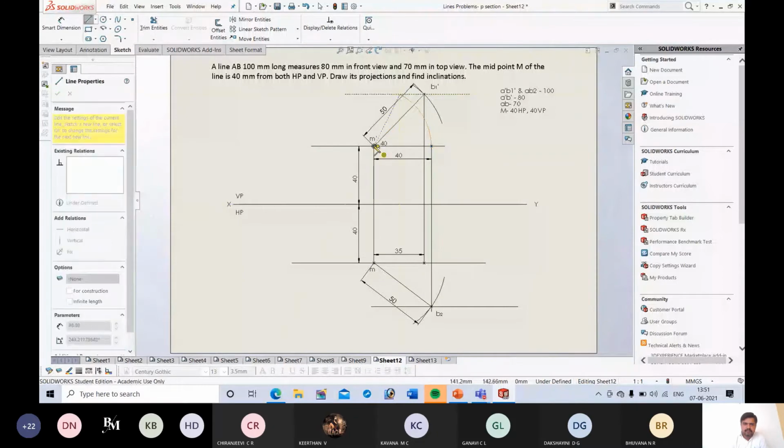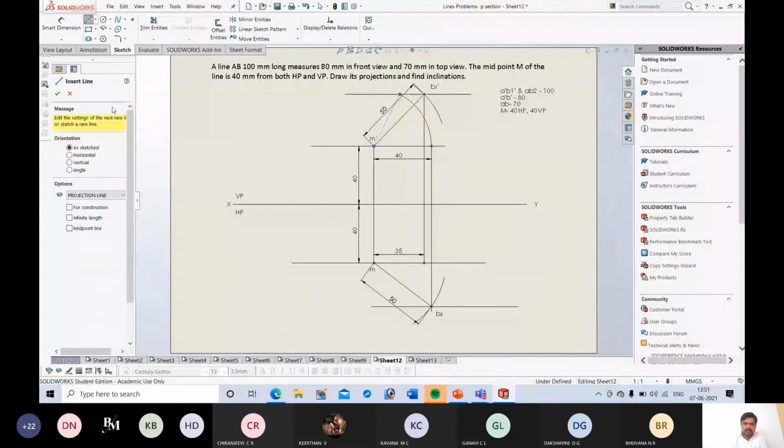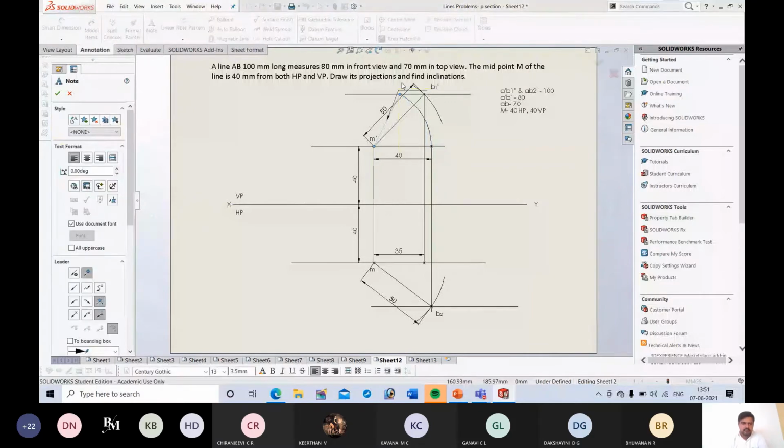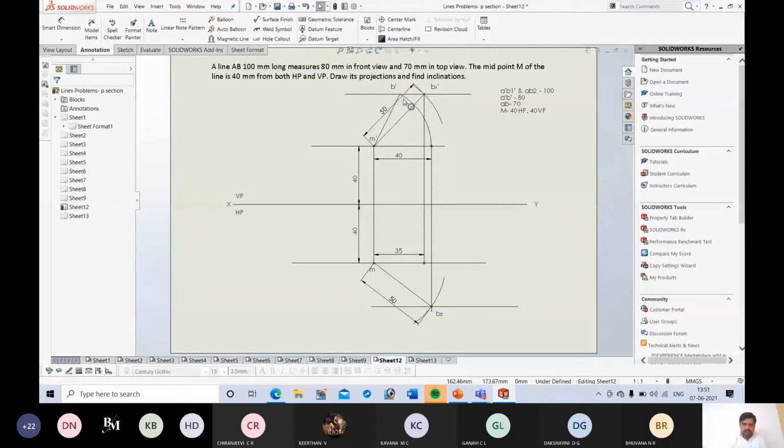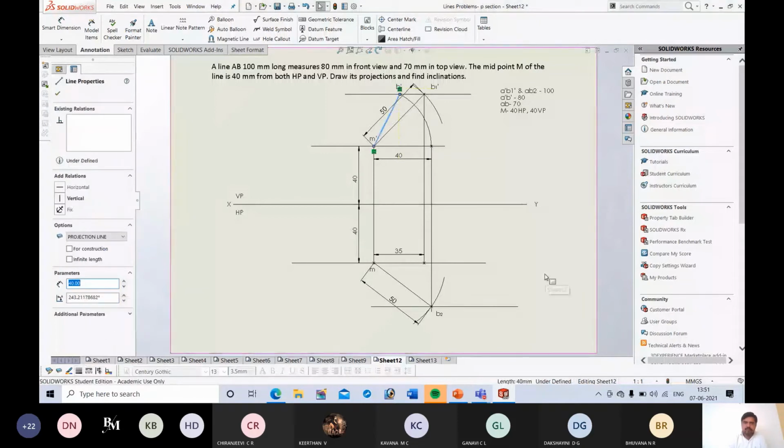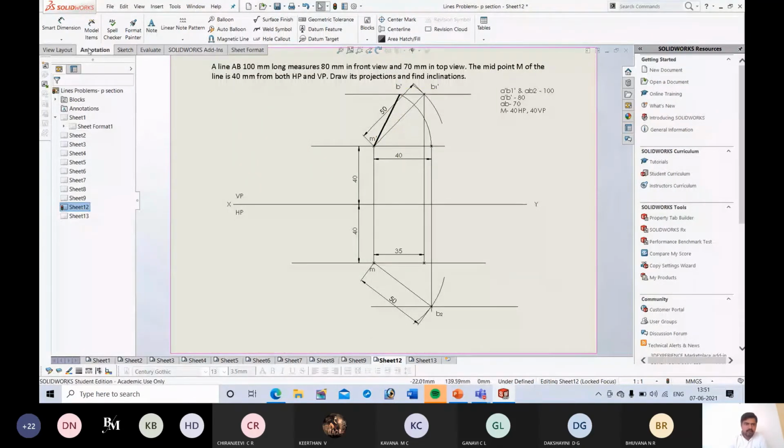So I will connect. So this is B dash. Similarly, I will rotate this view.